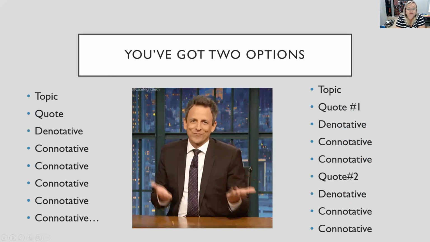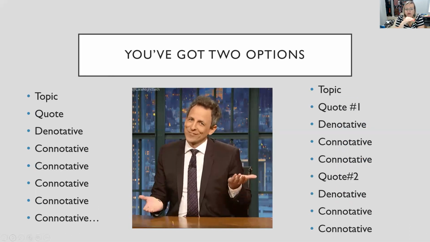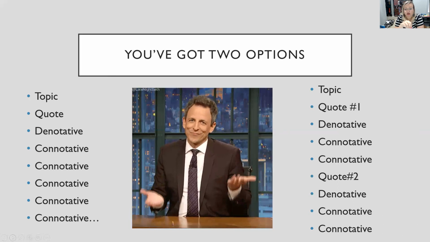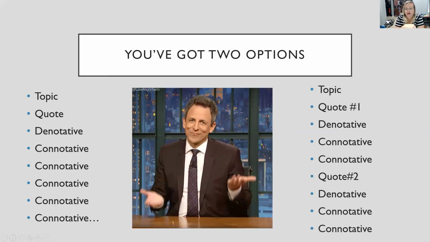Okay, so here's where I was talking about at the beginning. You've got 2 options. You can structure your paragraph with the topic, the quote, obviously with the signal phrase, a denotative sentence, and then the rest of your paragraph can be connotative. Or you can start with your topic sentence, your quote with a signal phrase, a denotative sentence, and 2 to 3 connotative sentences, another quote, a denotative sentence, and 2 to 3 connotative sentences.